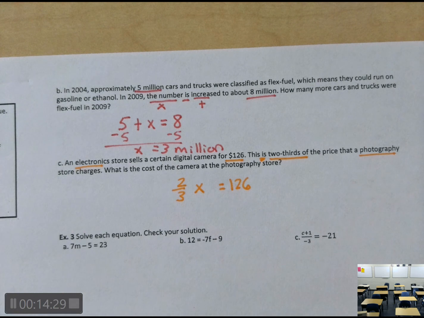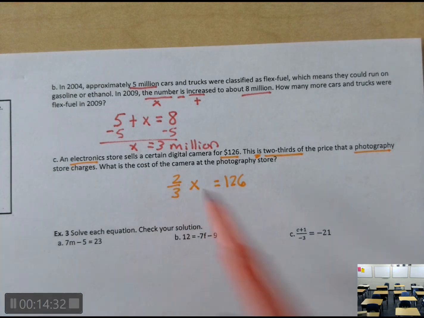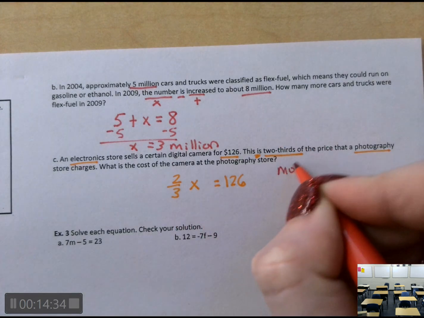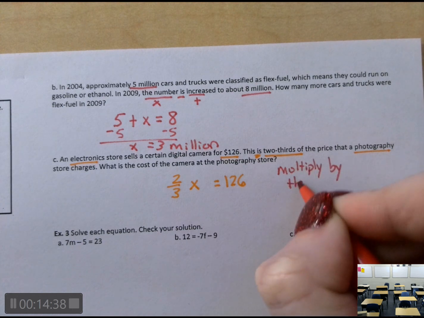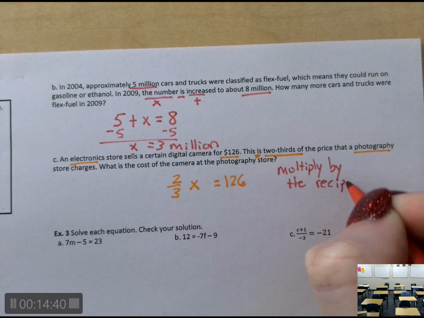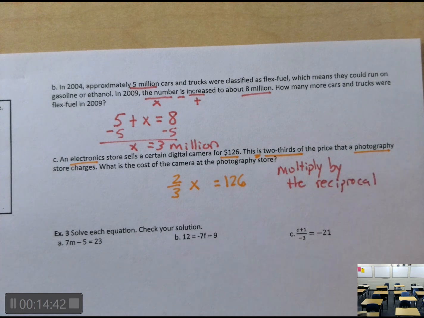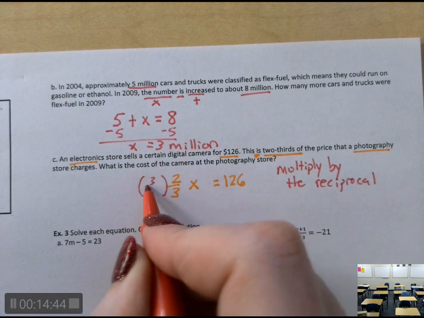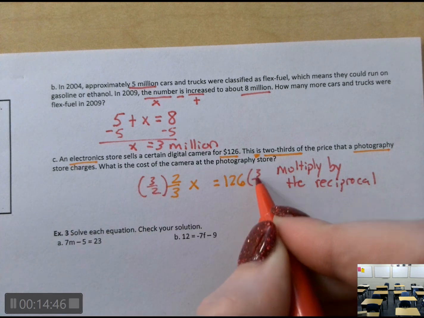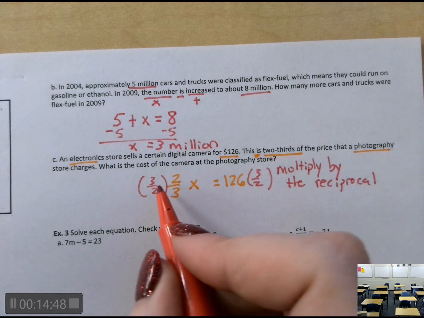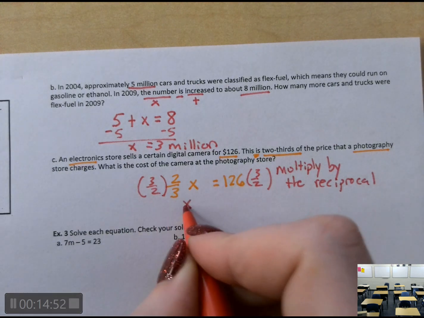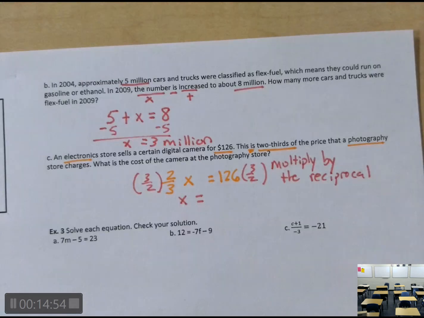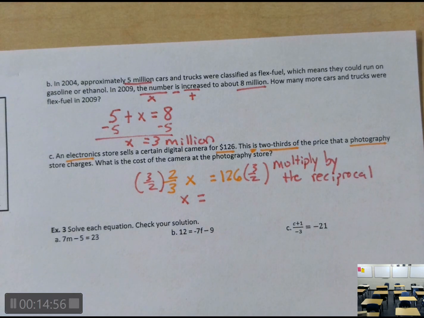And since we have a fraction times our x, we need to multiply by the reciprocal. So I need to multiply both sides by 3/2. So that we get 6/6, which is just going to be x equals, and then I'm just going to go ahead and do this in my calculator.